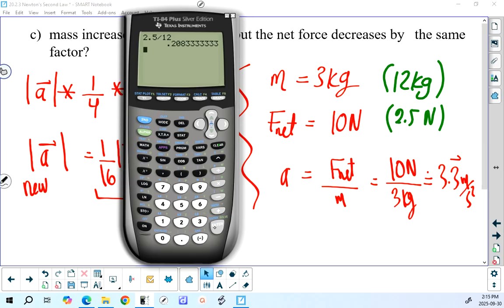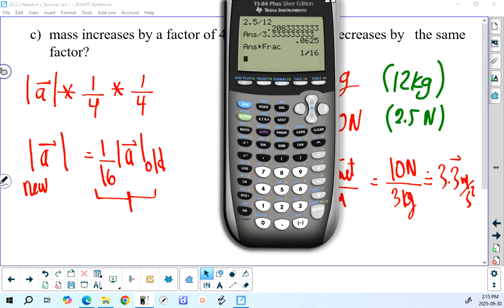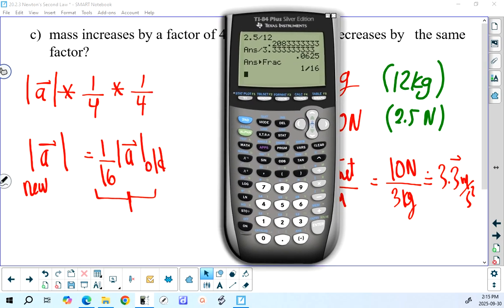If I divide that by the old acceleration of 3.33333, and then I convert that to a fraction, I can see I get 1/16. So there is a way to do this type of question by choosing numbers.